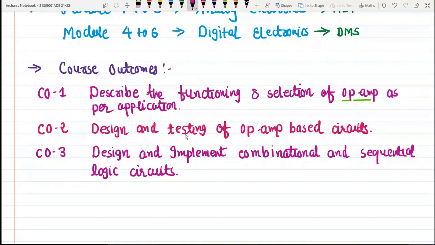So whenever you go through the basics of digital electronics, at that time you will find these 2 words. One is the combinational circuits and another one is sequential circuits.